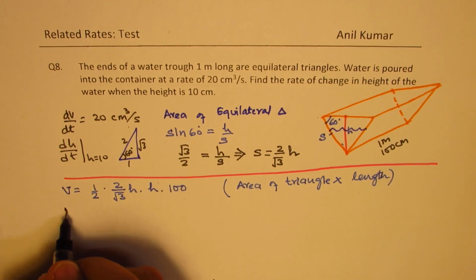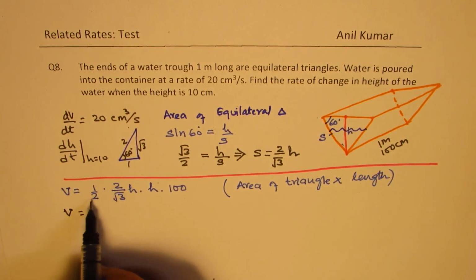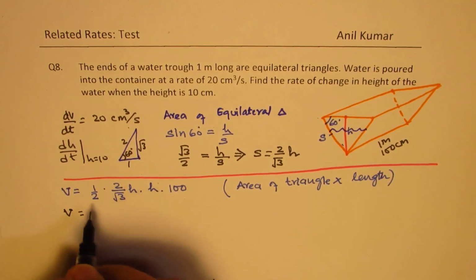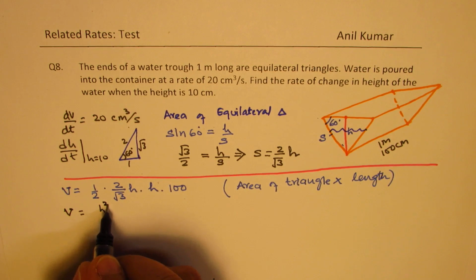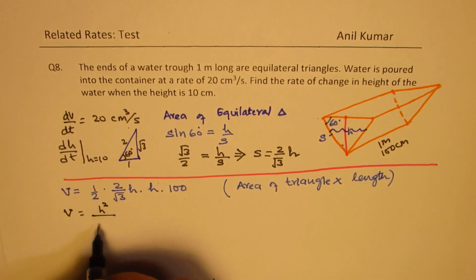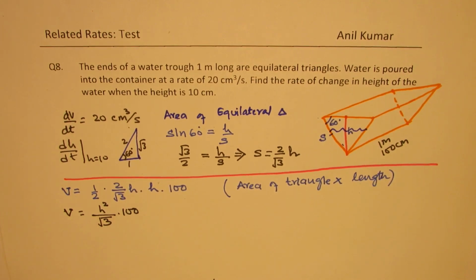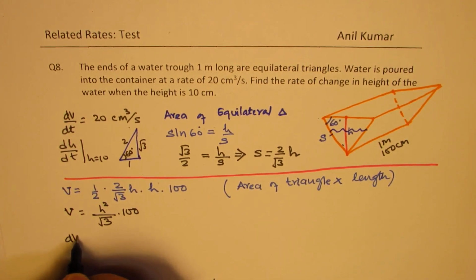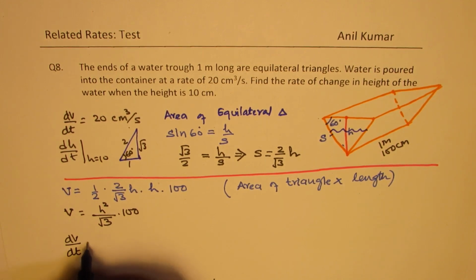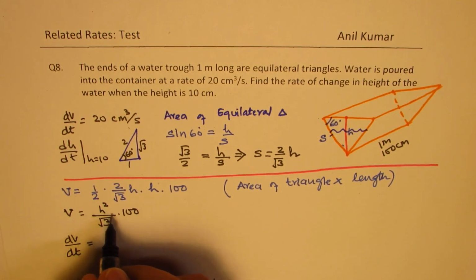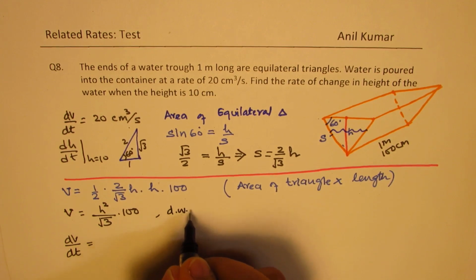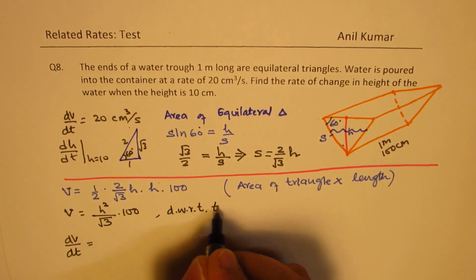So first thing is to get the volume. So this 2 and 2 cancel, and we have h square over square root 3 times 100. So that becomes the volume. Now rate of change of volume will be dV/dt, and this will be differentiating both sides with reference to time, correct?